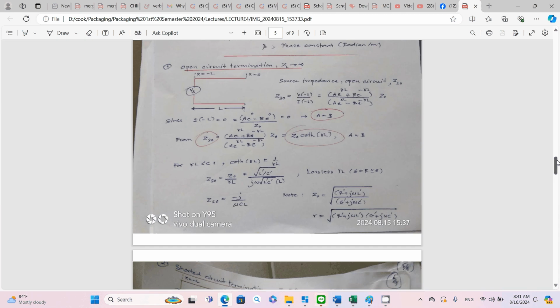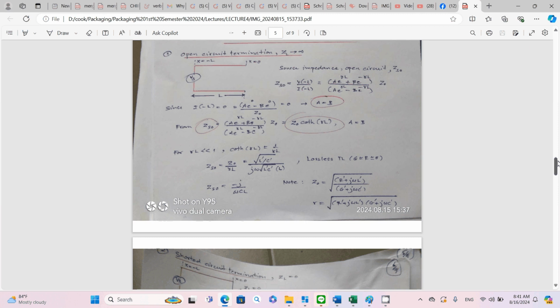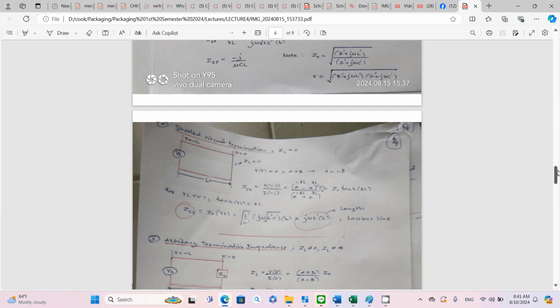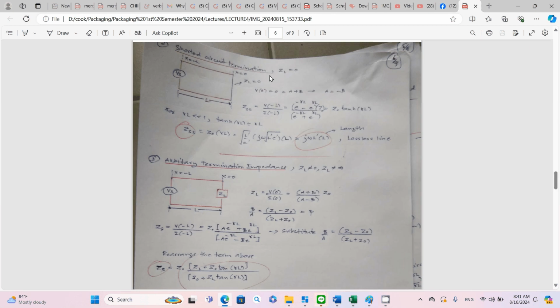Next, for the special case, that's the shorted circuit termination when you short the circuit at the load end, or your ZL equal to 0. At this point, this means that your V0 equal to 0, right? Because it's shorted to ground.